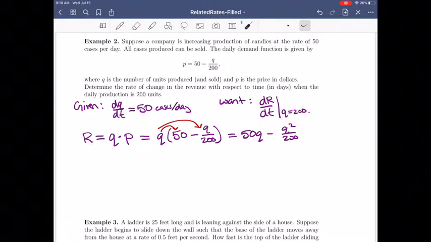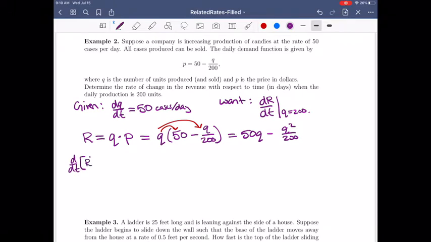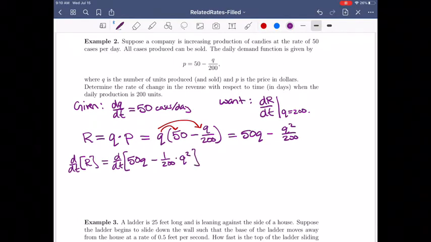So what I want to do is take the derivative of both sides with respect to t. The derivative with respect to t of R is going to be equal to the derivative with respect to t of 50Q minus Q squared over 200. It might be easier to write it as 1 over 200 times Q squared, so we're not tempted to use the quotient rule, although you could use it.